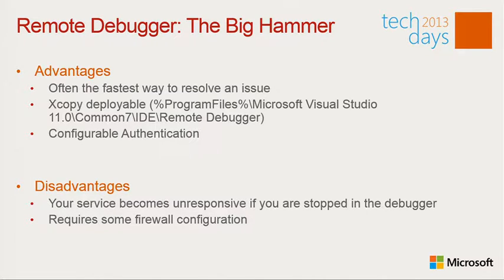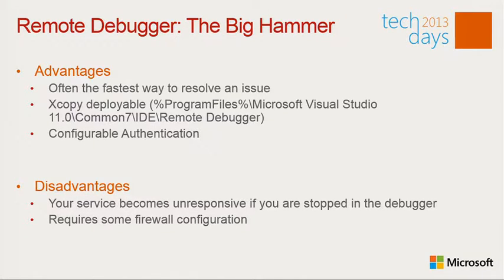The way to Xcopy deploy it is just going to its install directory under Program Files. From that directory, you can grab that whole directory and copy it and move it to any server you want.